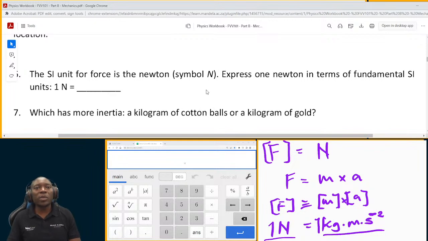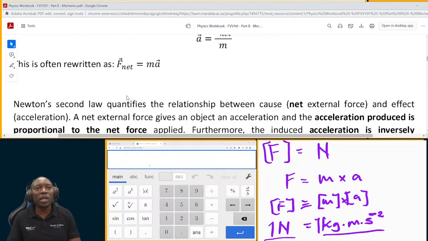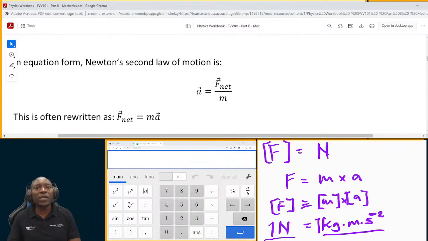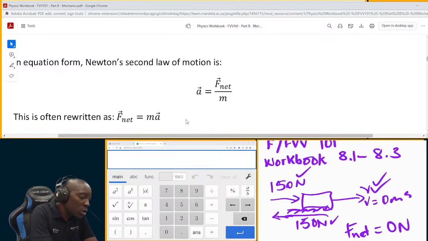So the idea of net force now is not just force that we're dealing with here. This is a net force. The forces can act on a body, but the quantity that is responsible for the acceleration is the net force.